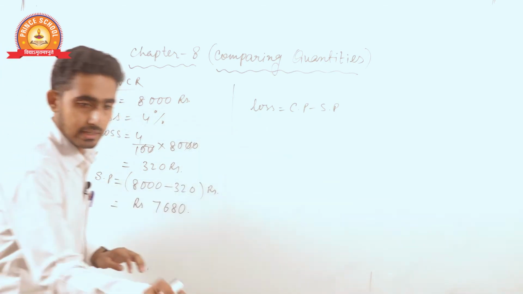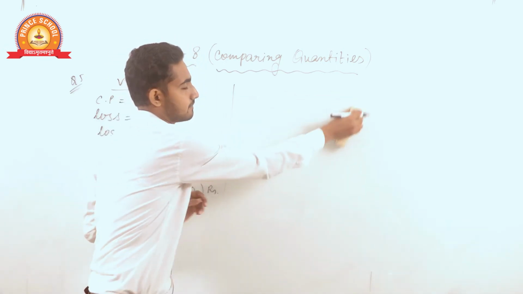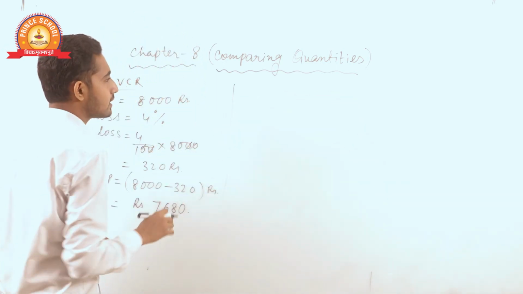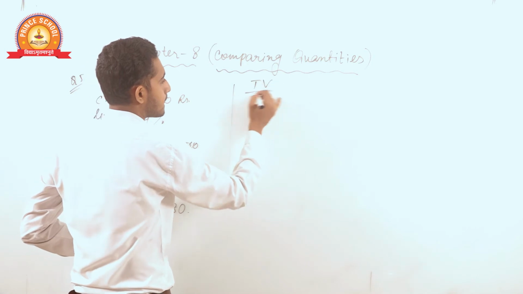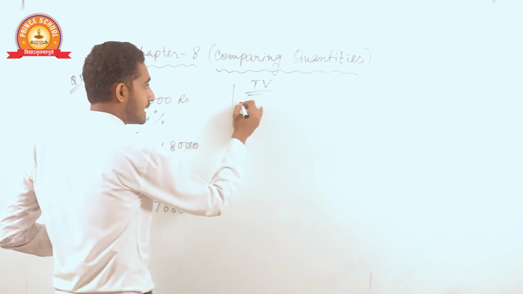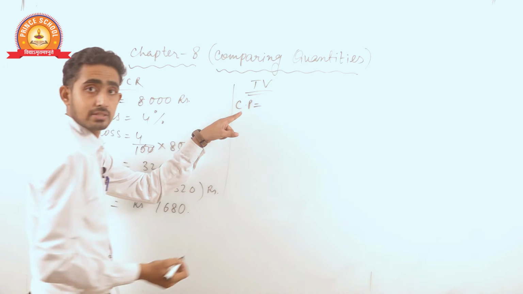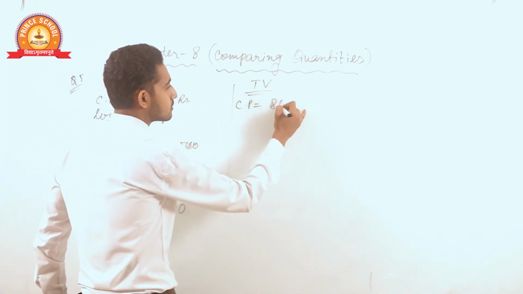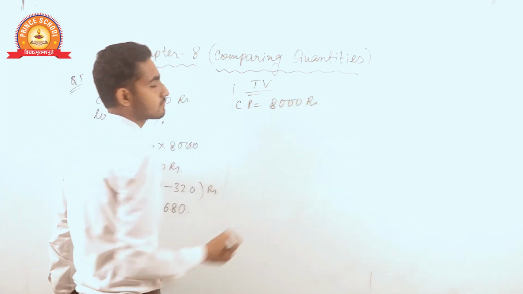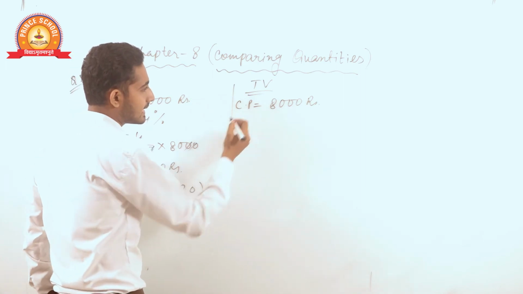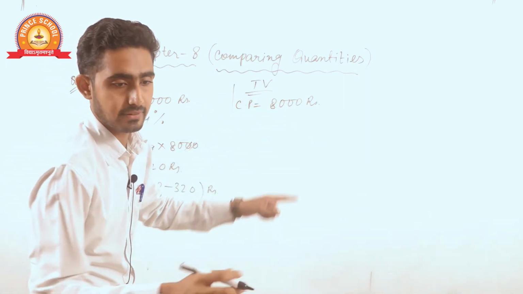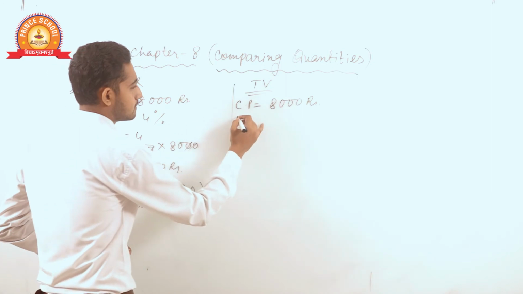Cost price we also know. Now we have to find out for TV. Cost price same, write down as it is. CP is equal to how many? 8,000 rupees. Got it? Now in case of TV, profit is given how many? 8%.